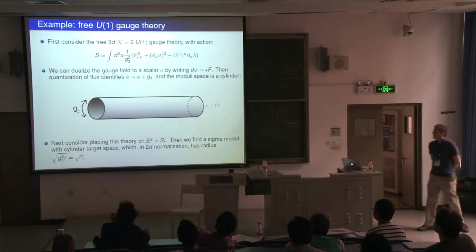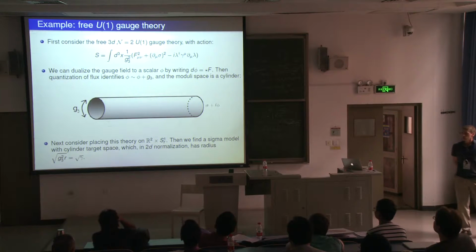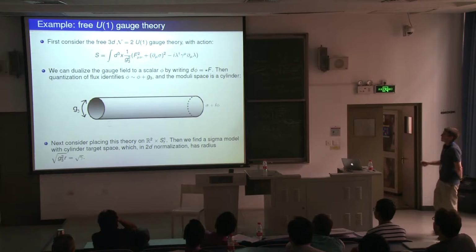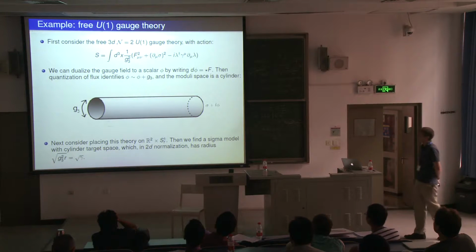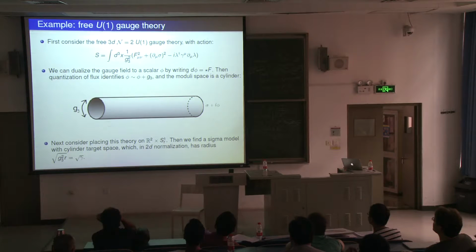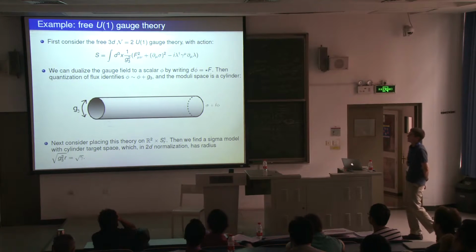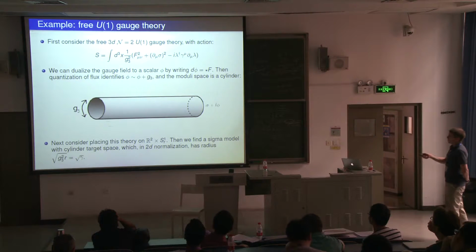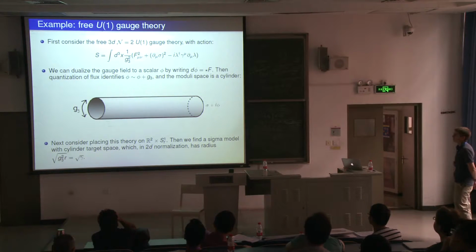Okay, so let me start by considering a very simple example of a free gauge theory. And here there's an abelian gauge field with a Maxwell term, a massless scalar, and a massless complex fermion. And it's convenient to dualize the gauge field into a scalar. So in 3D, electromagnetic duality relates an abelian gauge field to a periodic scalar with the gauge coupling.